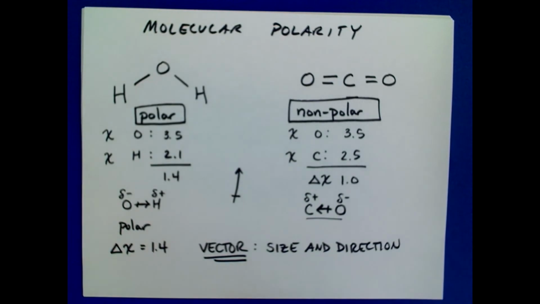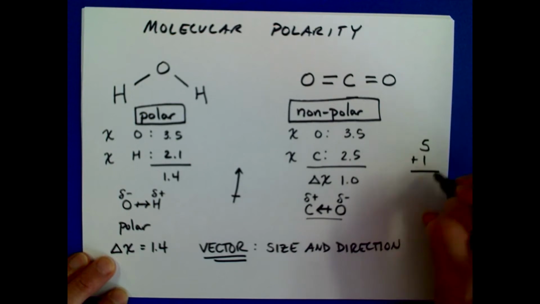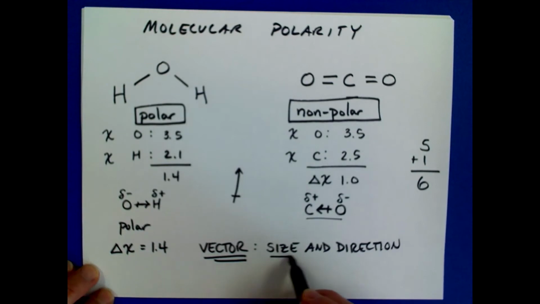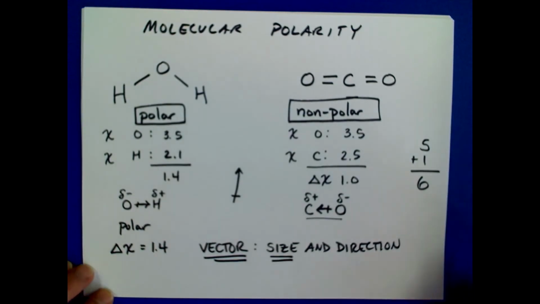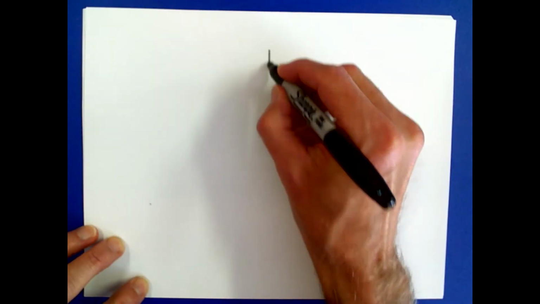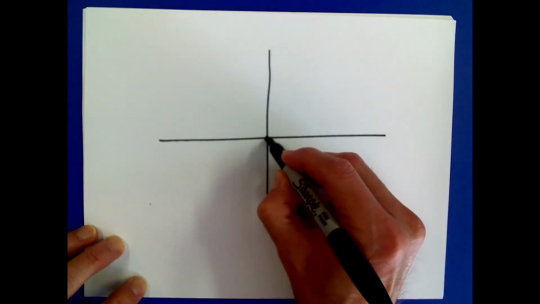In normal math, if I'm going to add two numbers, like 5 plus 1, we just add them together. With vectors, you have to consider not just adding the size, or sometimes they call it the magnitude, but also the directions. Here's how this works. Let's make an XY axis here, and here's my origin.